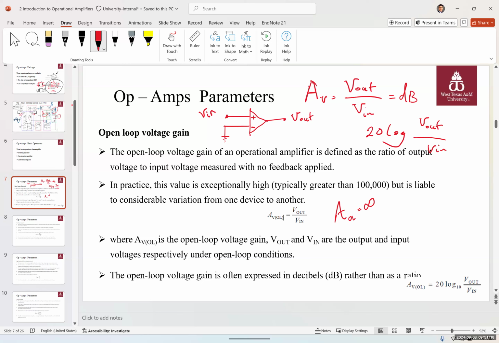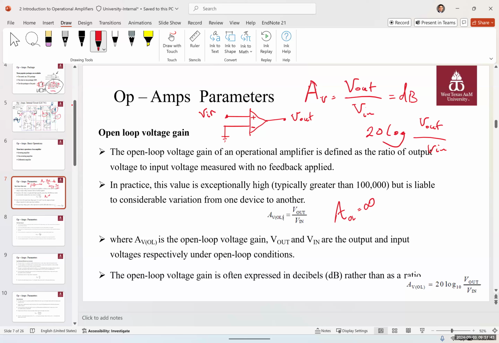You're multiplying the noise by 100,000 as well. So it's not desirable, and we rarely use an open loop for an op amp because we have an undesirable output. The output is too high and it makes our system unstable.